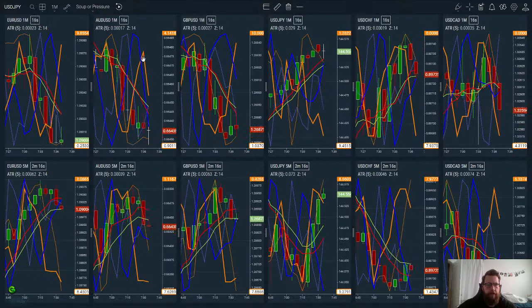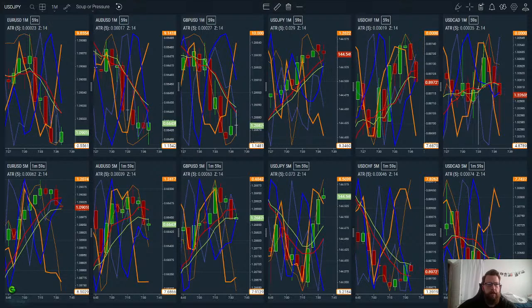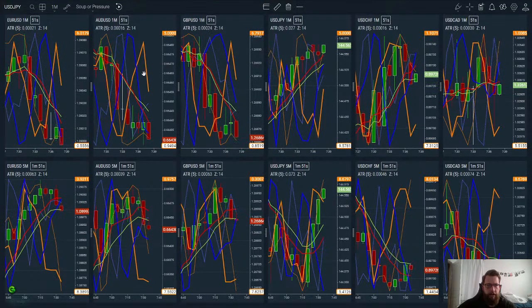Okay, as long as this closes the way that it looks, we'll go ahead and jump in based off of the 5 minute chart. And okay, did not close that way, but you can jump in on this bar if that's what happens.